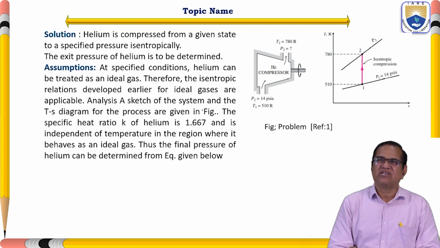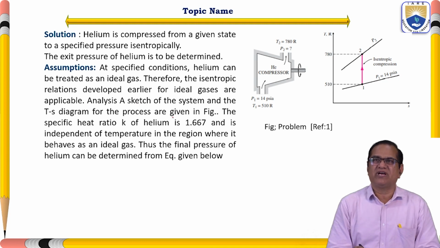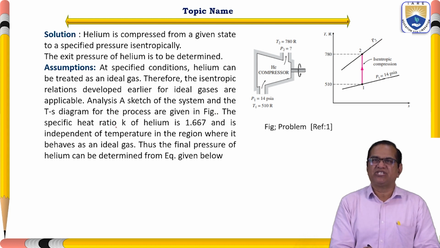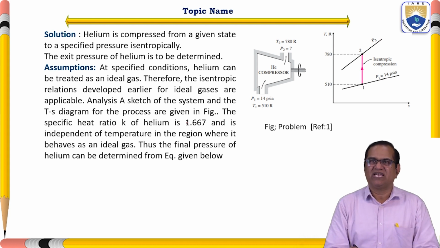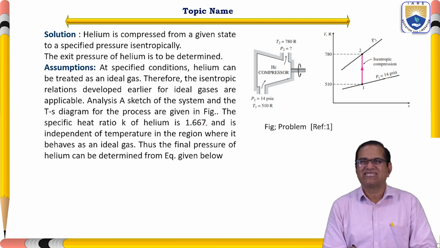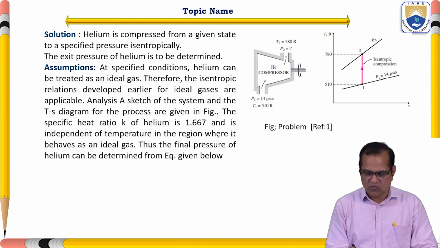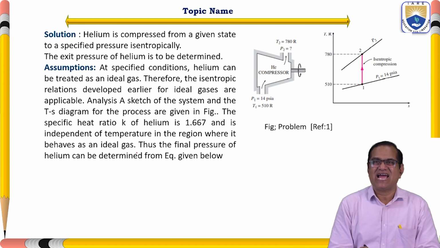Analysis: a sketch of the system and the T-S diagram are shown in this figure. The specific heat ratio k for helium is 1.667 and is independent of temperature in the region where it behaves as an ideal gas.